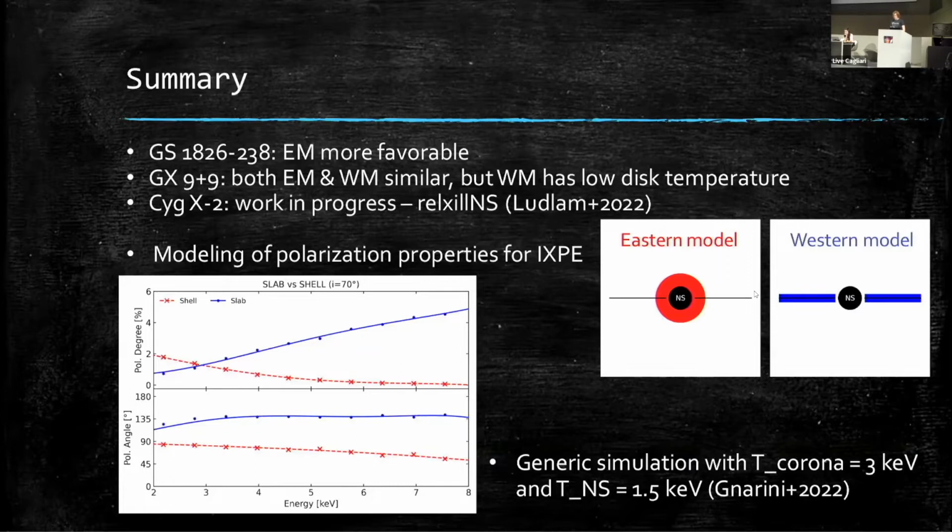There is this new RelxSeal model specifically designed to fit neutron star objects, which was also presented by Renel alum on Monday in her talk and got published. I think it got publicly available about a week ago. So in the future, we are planning on using this specific model on Cygnus X2.